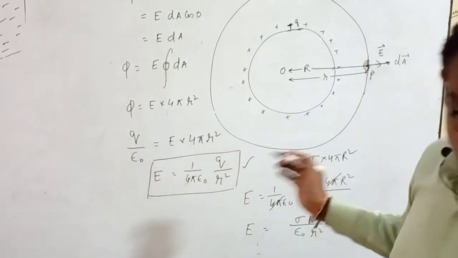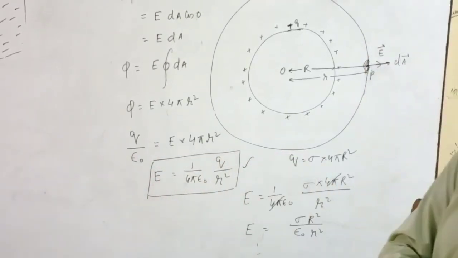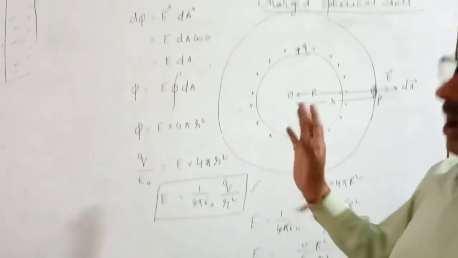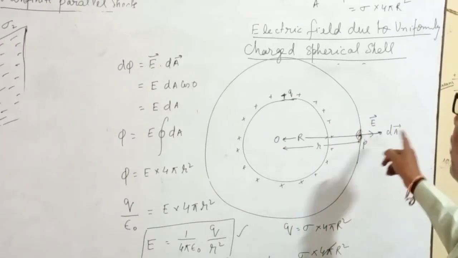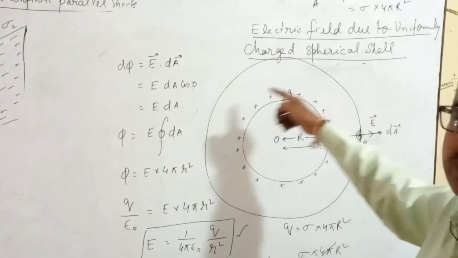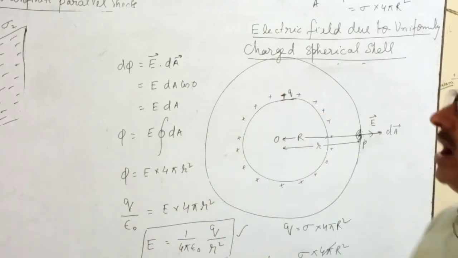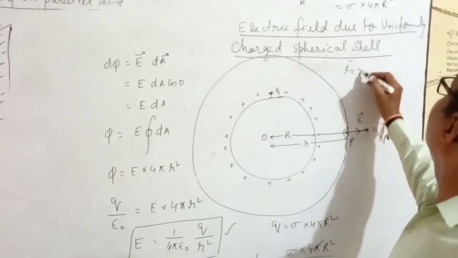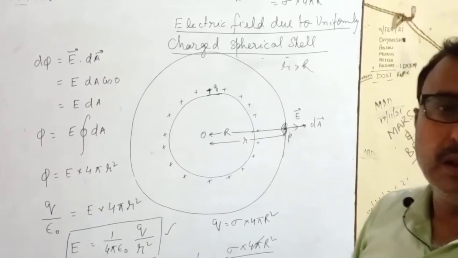This is also a formula. This is the condition when point P is outside the conductor, small r greater than capital R.